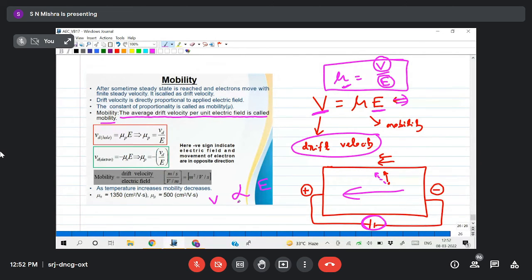If you remove this proportionality, then we have to put a constant here, which is mu. This is constant for a particular temperature. If temperature increases or differs, then it will differ, but at constant temperature mu is constant. So this proportionality constant we can find, and we can form the definition as average drift velocity per unit electric field. Is it clear?